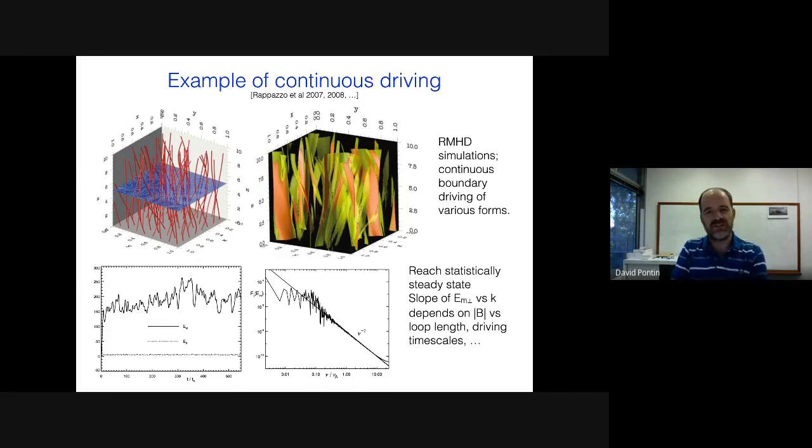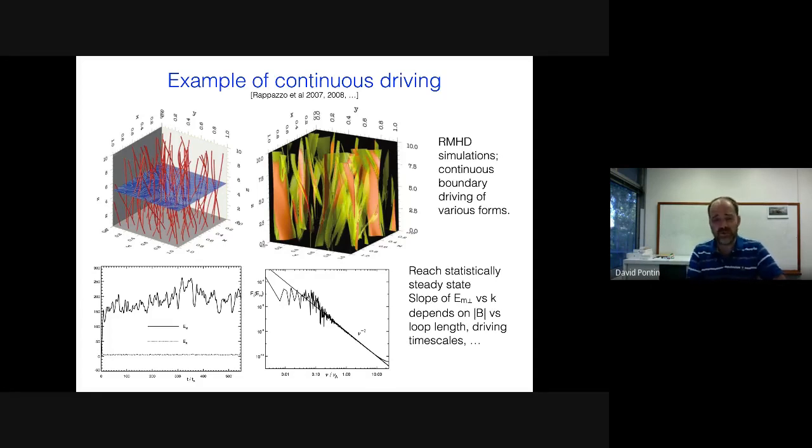So now what happens in these continuously driven simulations is that the system eventually reaches some kind of statistically steady state where the energy that's being pumped in, or the field line tangling, is balanced by the energy dissipation and the reconnection, which helps to untangle the field. And we can see that this is a statistically steady state, approximately, by looking at these plots of the magnetic and kinetic energy as a function of time in the bottom left.